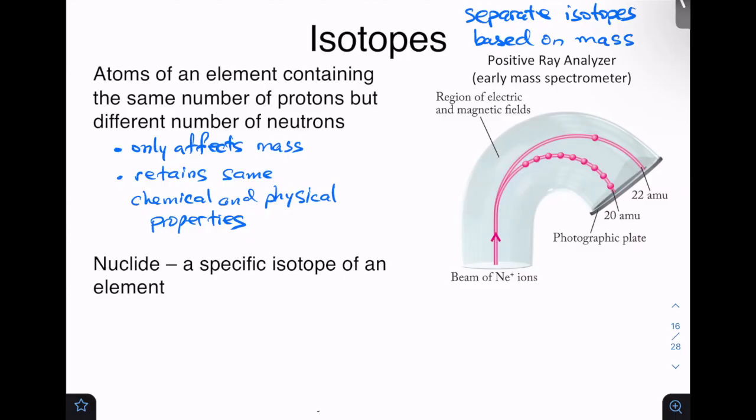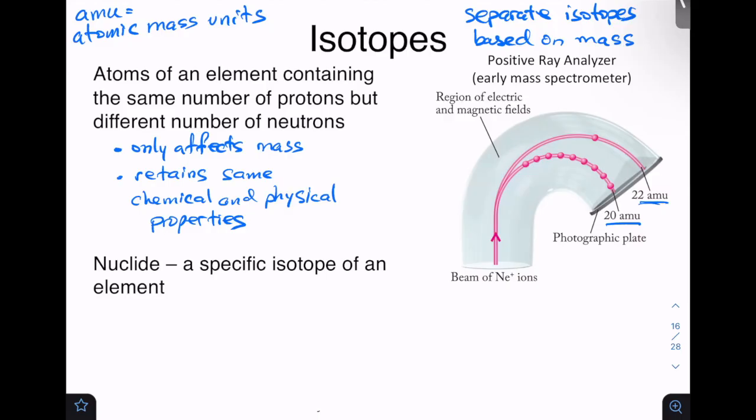One has a mass of 20 AMU, which is atomic mass units, by the way. We'll be talking about those in a little bit. Right now, just think of AMU as a mass, as some weight. And we get some that are 22 AMU.